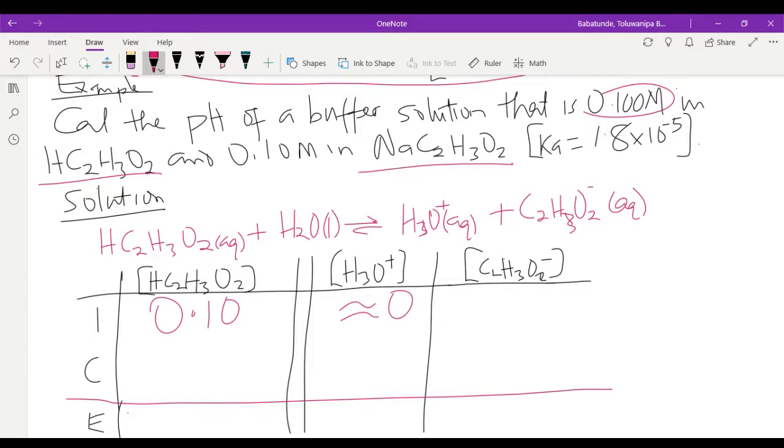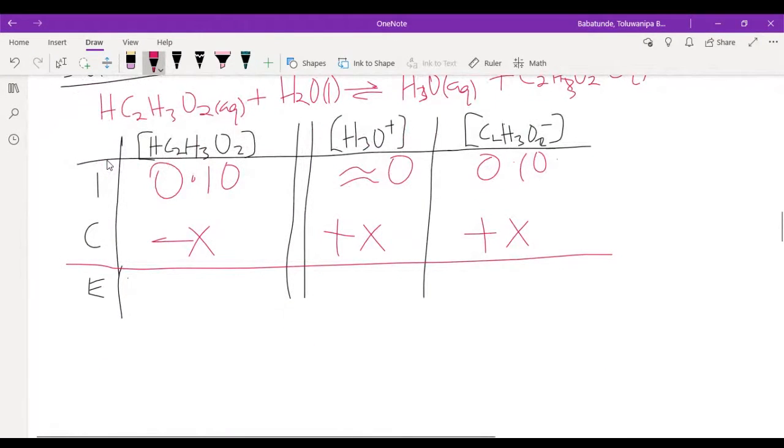And for our conjugate base, we have 0.1 molar. The next thing is to represent our change. This is going to be negative x, positive x, and positive x. So we can find the equilibrium concentration from our ICE table.